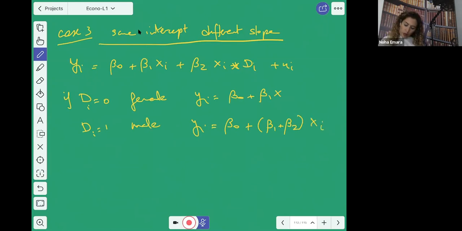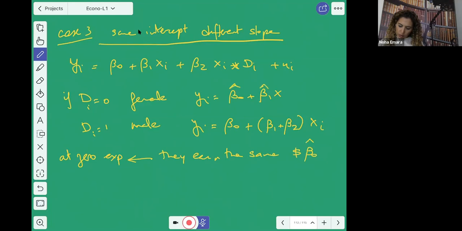Now, again, at 0 experience, they earn the same, which is beta 0. So they earn the same at 0 experience, which is not realistic because we know in the job market there is discrimination. So even 0 experience does not imply that they earn the same amount of dollars.